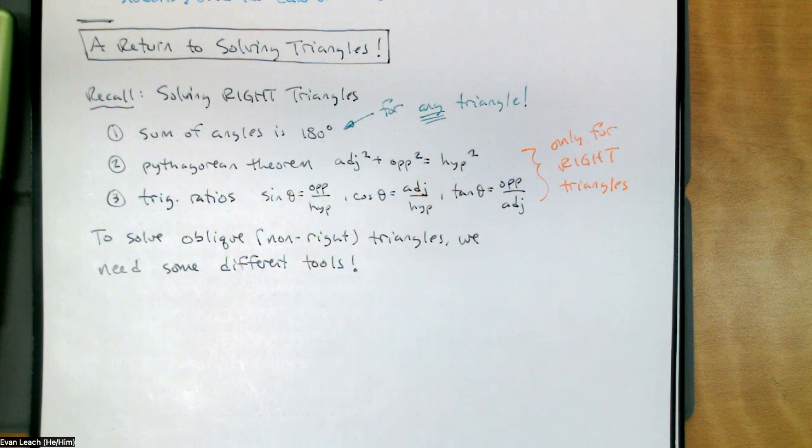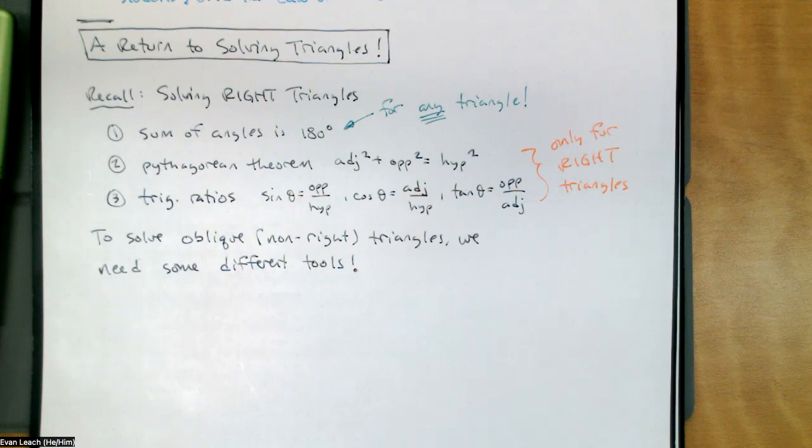One of the tools we have is that the sum of the angles is 180 degrees, because we always get that one. That applies to all triangles. We don't get to use the Pythagorean theorem anymore. The sum of the squares of the legs of a right triangle is equal to the square of the hypotenuse.